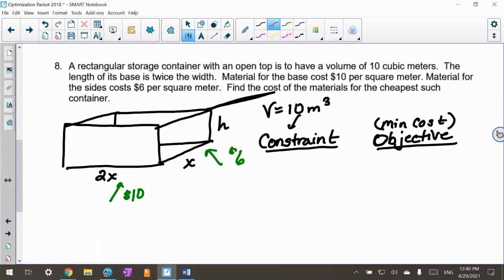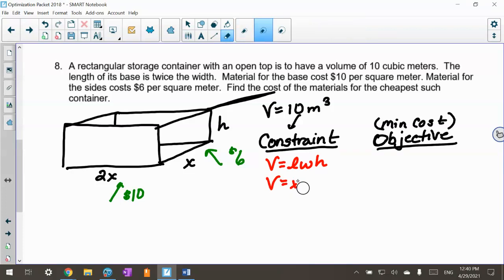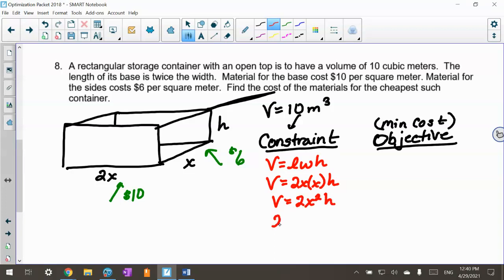I know the volume of a rectangular shape is length times width times height. So the volume is 2x times x times h. It doesn't really matter how I do this because we're going to multiply them all together. So the volume is 2x squared h, and I know it has to equal 10.